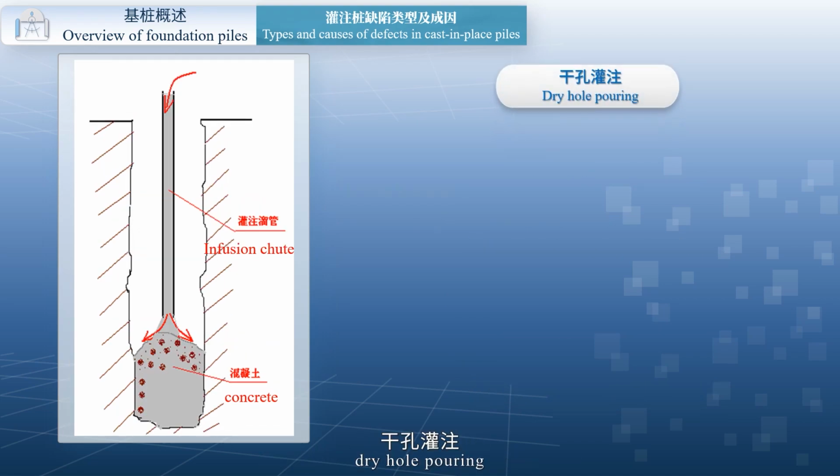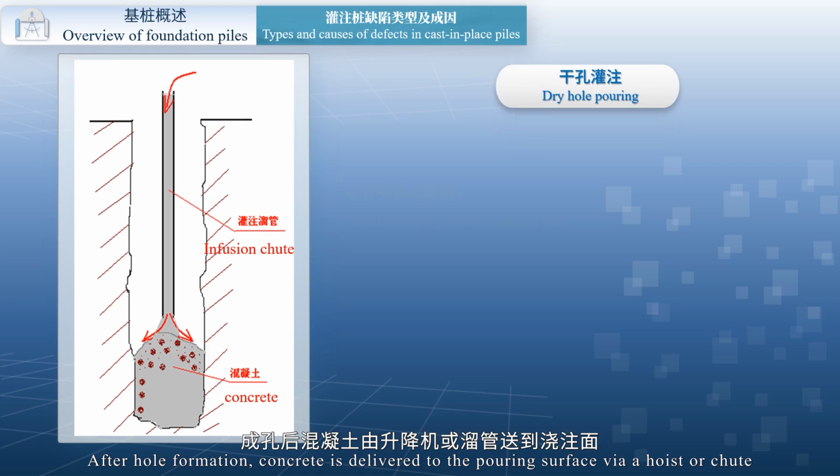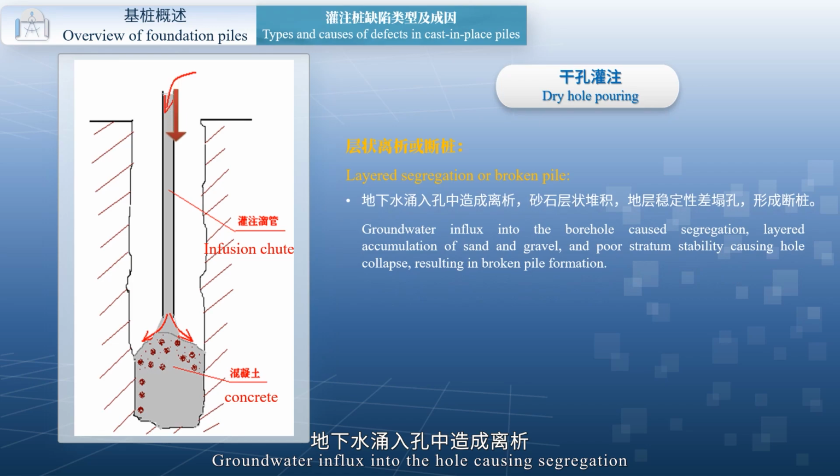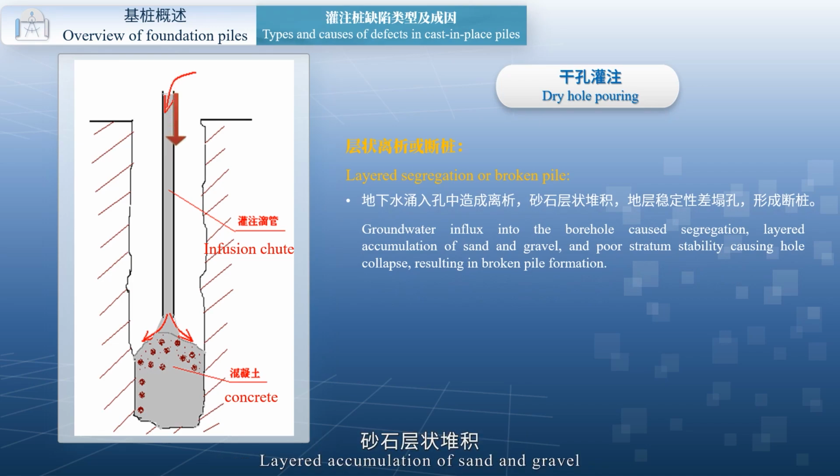Dry hole pouring: after hole formation, concrete is delivered to the pouring surface via a hoist or chute. Layered segregation or broken pile: groundwater influx into the hole causing segregation, layered accumulation of sand and gravel, poor stratum stability causing hole collapse, and formation of a broken pile.